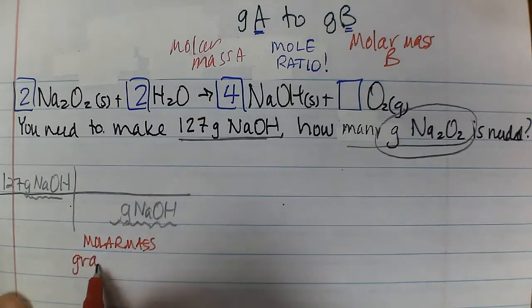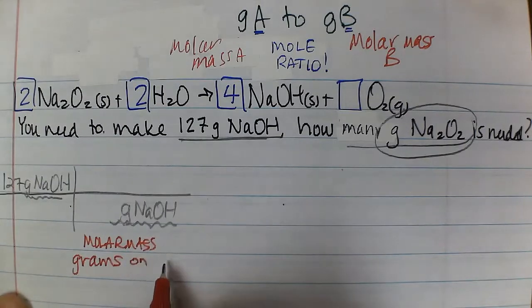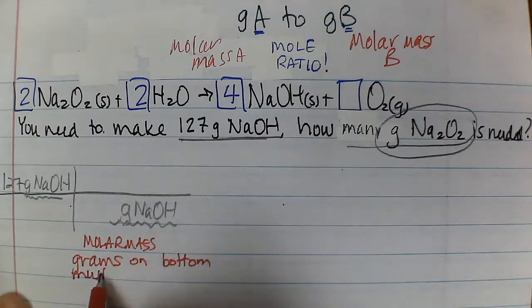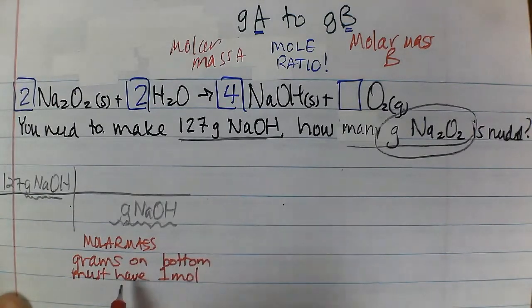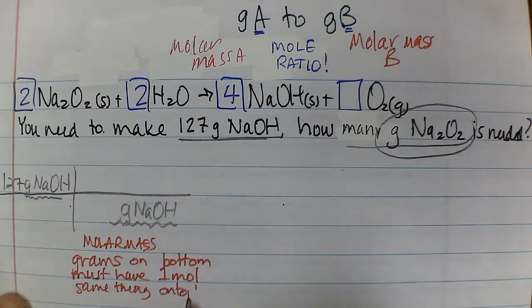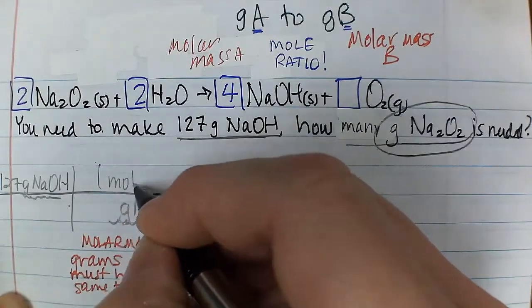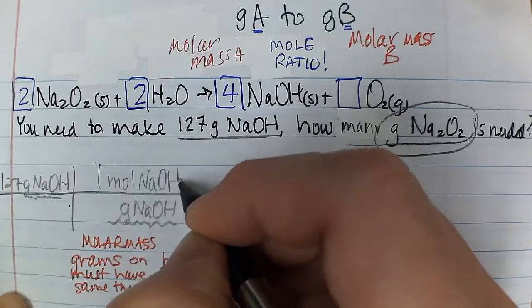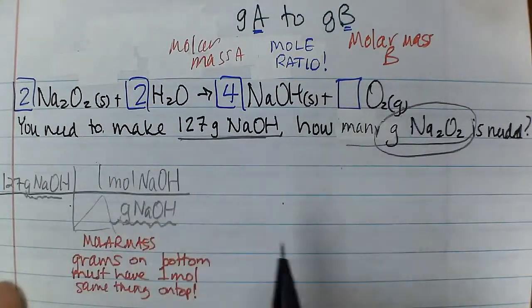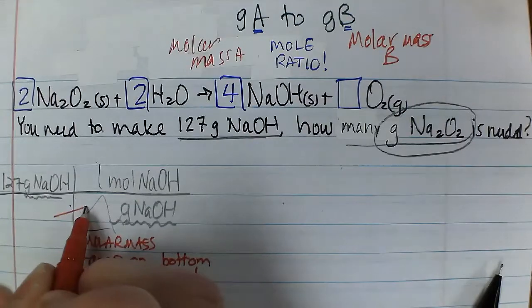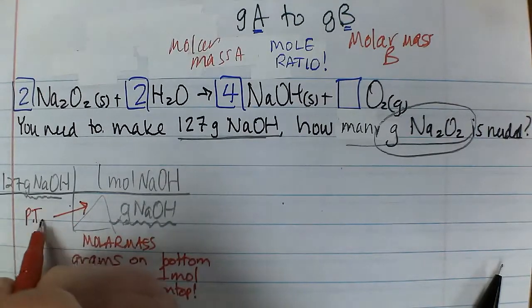If you have grams on the bottom, you must have 1 mole of the same thing on top. So I'm going to write 1 mole NaOH. The grams then, remember, comes from the periodic table.